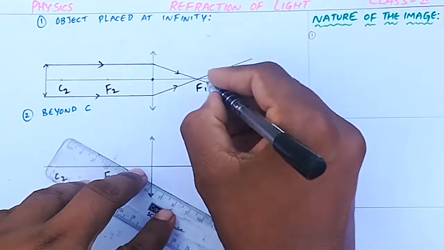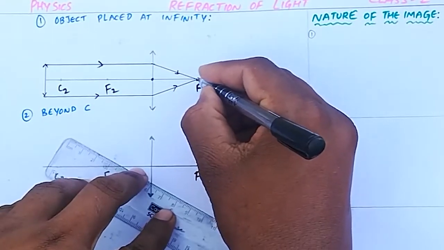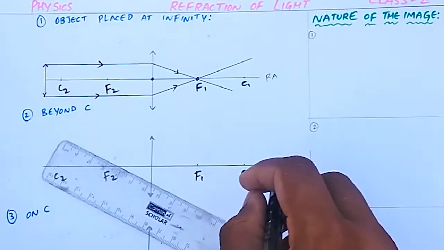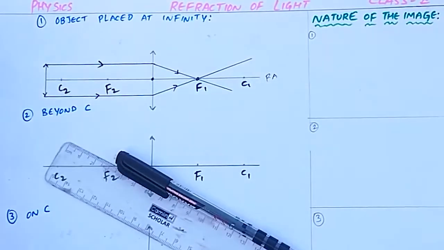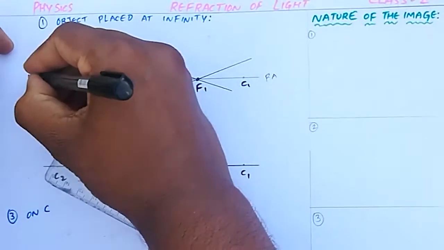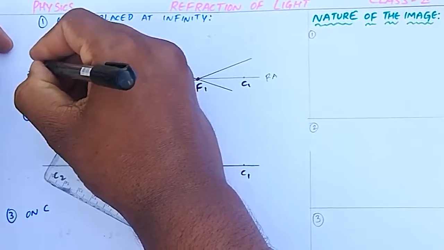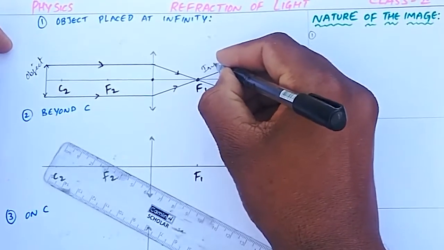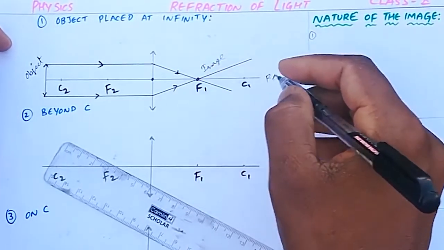In this way, the image is formed at focus. At the focal point the image is formed. We can't determine the nature of this one. Why? Because this is a point size.